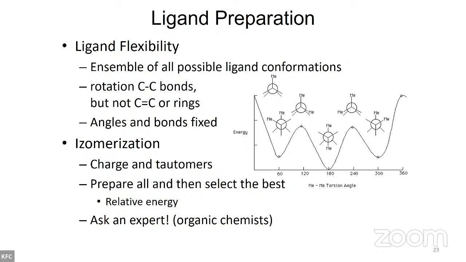Ligand preparation. It's usually quite good to look at what the ligands are and where they can be changed. Often you can get from the experimentalists that there is C2, so there is a double bond between the carbons, and this is a rigid bond, and therefore it won't move in a docking setting, and you have to prepare it beforehand.